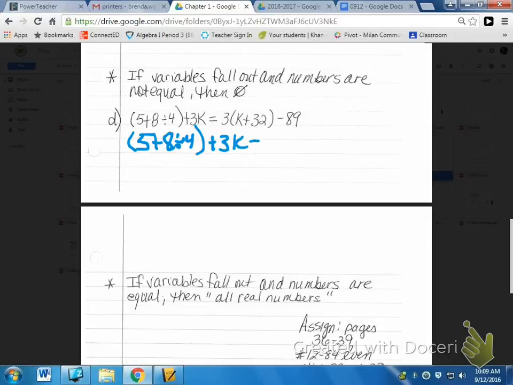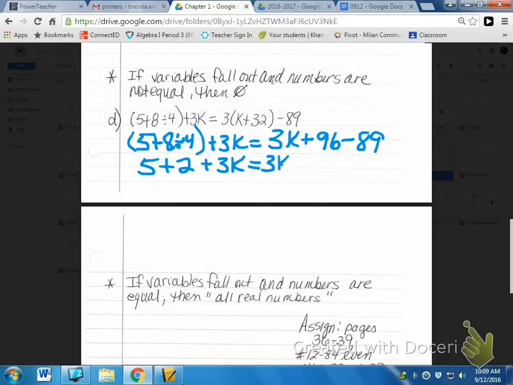We'll distribute over here on the right. On the right, that's really not a distributive, but we do need to clean up what's in the parentheses. So what would we do with that, Mytree? 5 plus 2 plus 3k equals 3k.